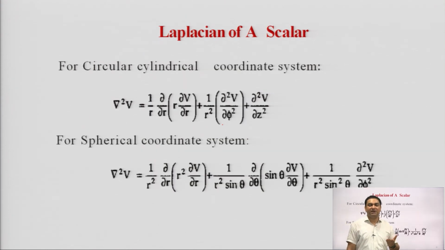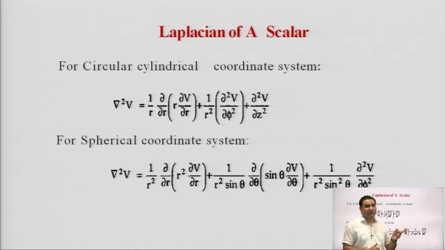In the same way, in the cylindrical coordinate system it is defined in this form, and in the spherical coordinate system it is defined in this form. You have to remember all these transformations and formulas to use in different kinds of studies in electromagnetic field theory, antenna and wave propagation.